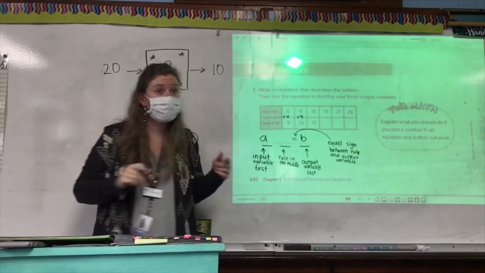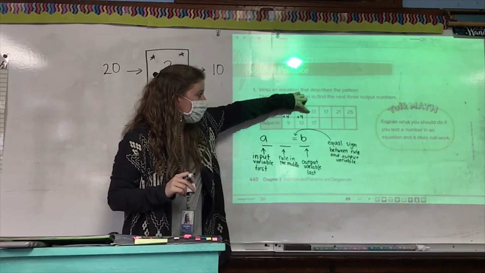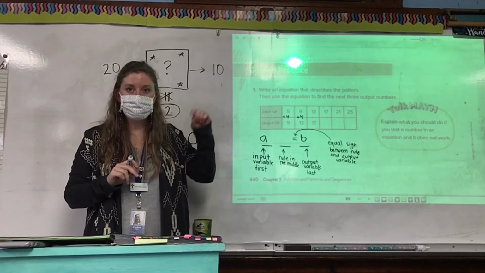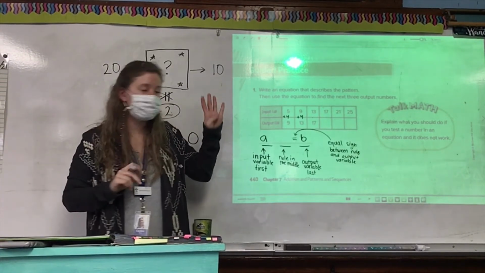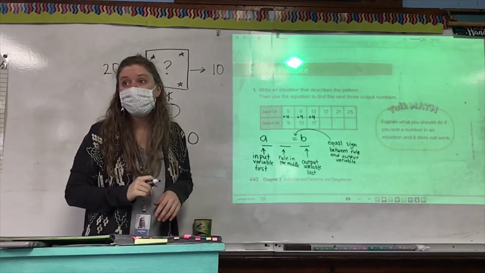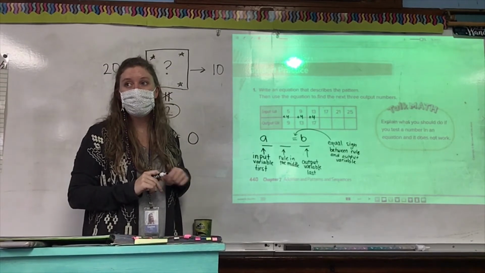Let's just keep going. Let's check our last one. If we start with 13 and we add 4, will we get 17? Yes. 13, 14, 15, 16, 17. So that means our rule is what, Victoria? Add 4.